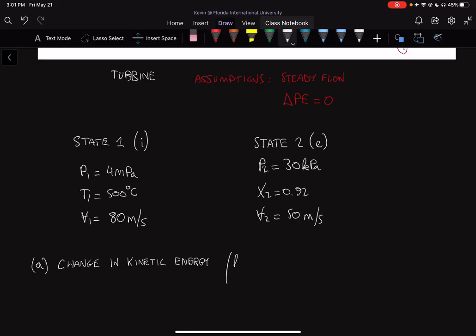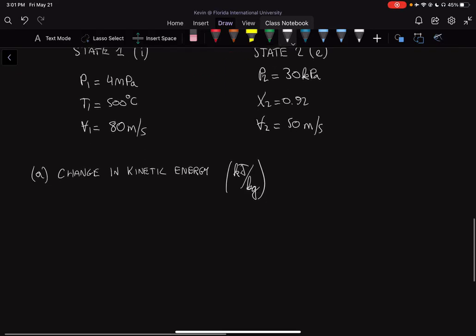The change in kinetic energy they're looking for is divided by mass, so it's in kilojoules per kilogram. That makes it very important because we don't have to know the mass inside the system. We just need to find the change in kinetic energy with respect to mass. So instead of finding delta KE, we're actually going to be finding delta KE over mass, which is equal to a specific kinetic energy change.